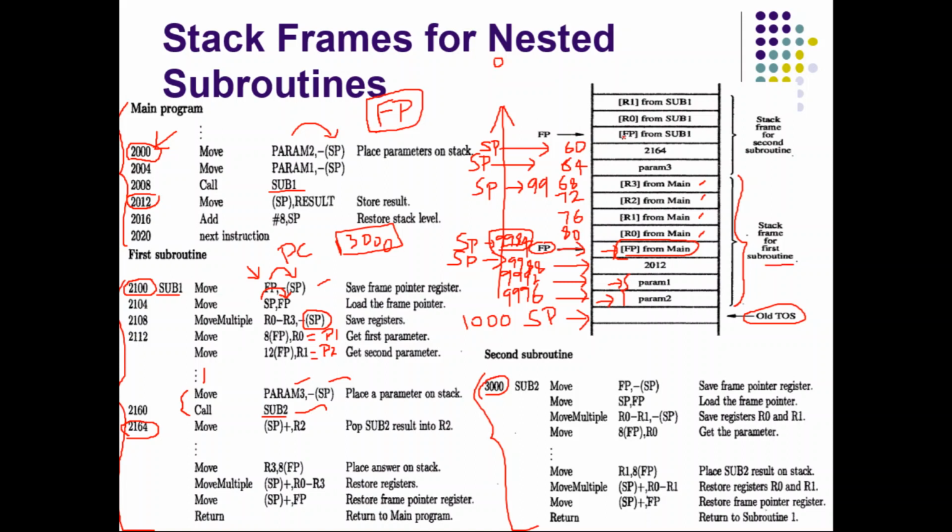Now subroutine 2 also wants to use FP, so before that it pushes FP into the stack. In our case, it pushes 9984 into the stack.